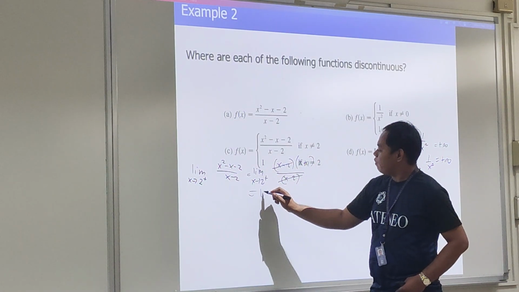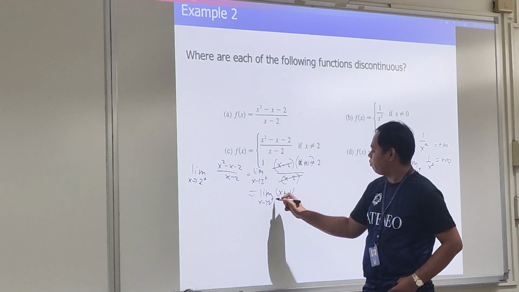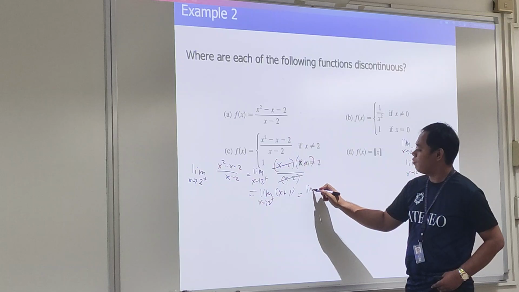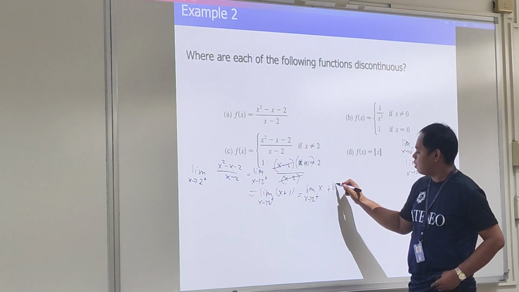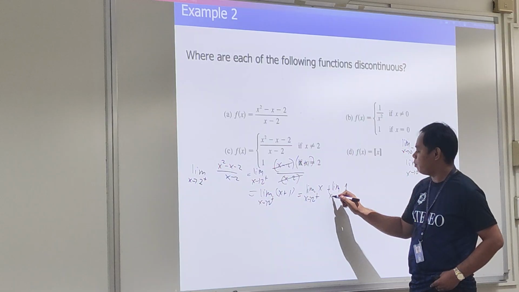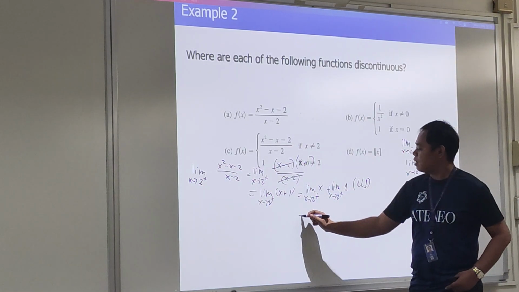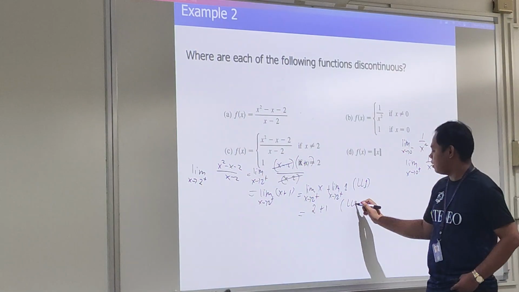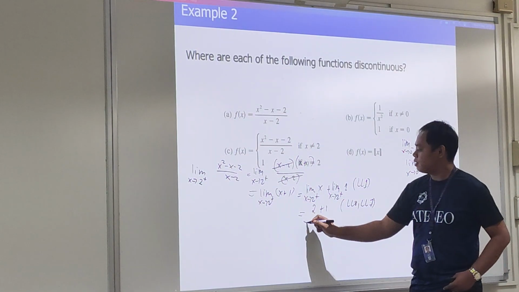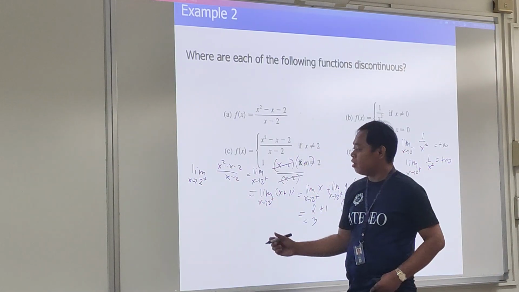So you have the limit of x plus 1 as x approaches 2 from the right. This is the limit of x as x approaches 2 from the right, plus the limit of 1 as x approaches 2 from the right, by the algebra of limits. This is 2 plus 1, which is equal to 3.